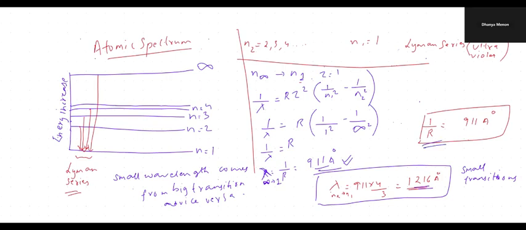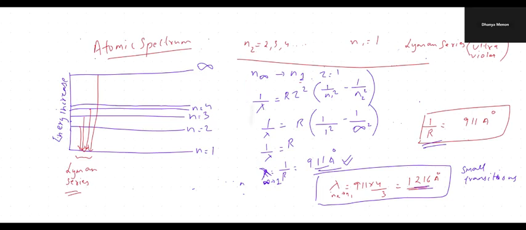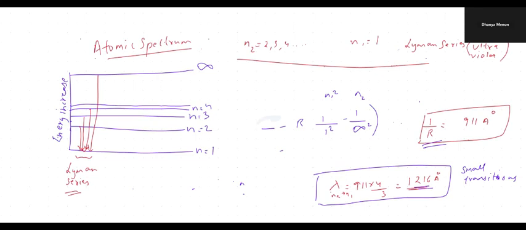Okay, now students, moving on further. We just saw that the Lyman series lies in the ultraviolet region, and we cannot see it. It is not in the visible area.